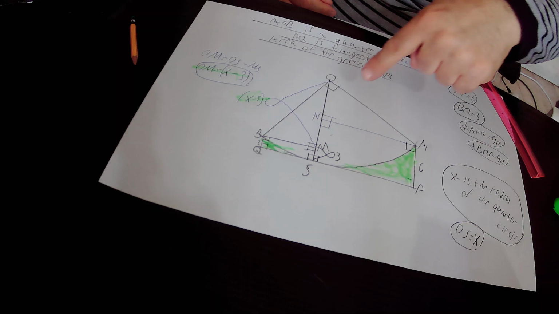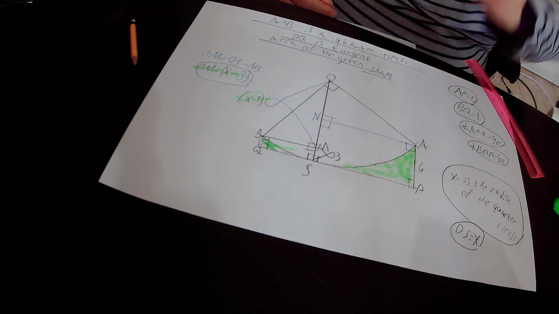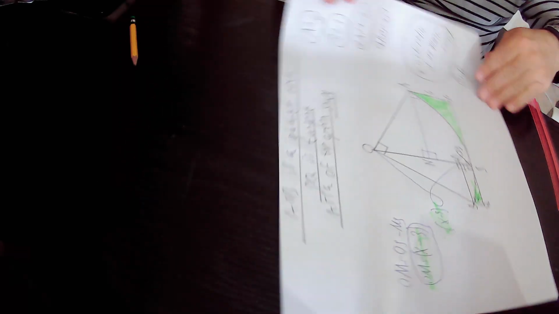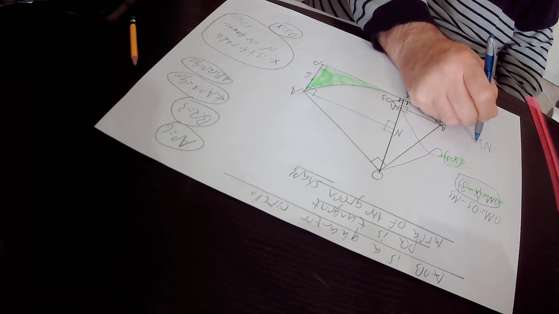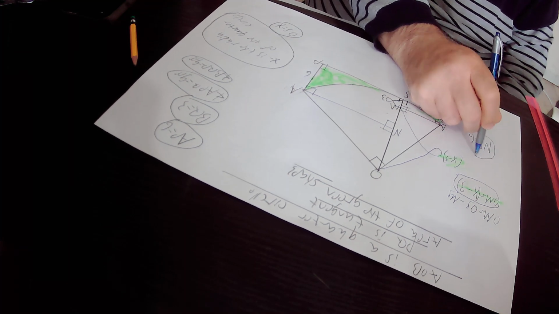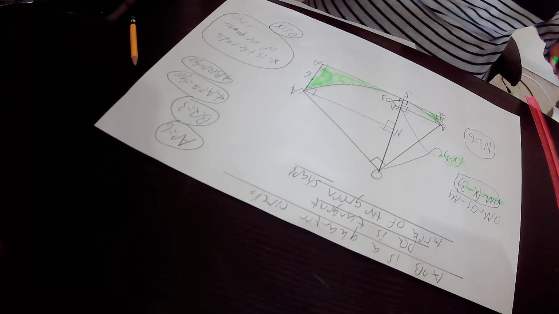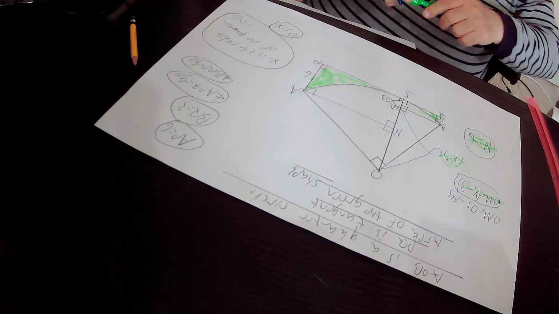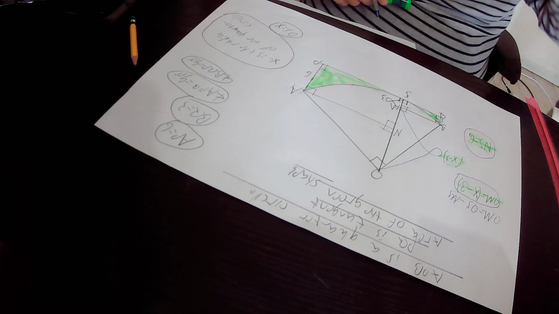AP equals 6, therefore NS must also equal 6 units in length. So I'll write it down: NS equals 6 units.